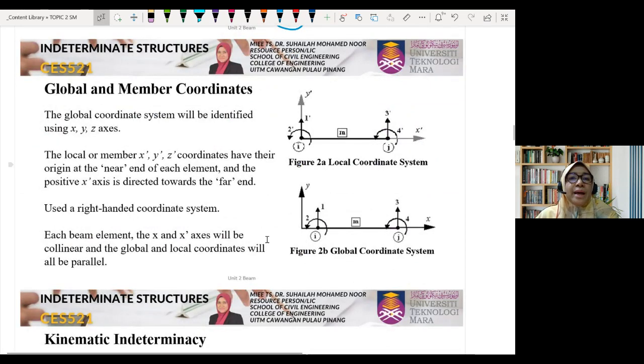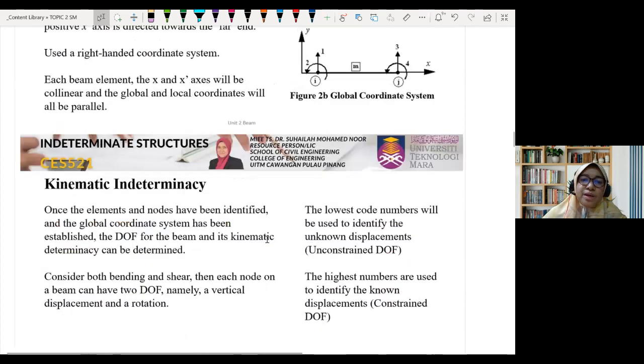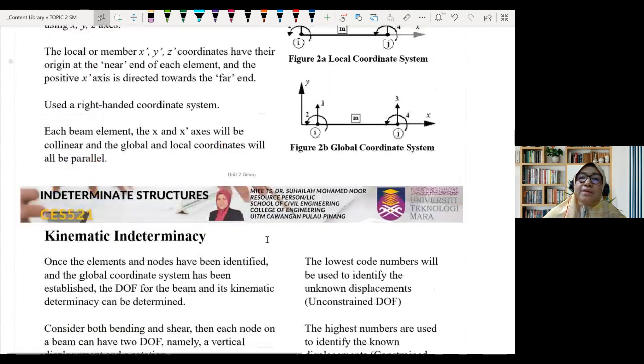So for the global and member coordinates, since a beam has the same local coordinate system and global coordinate system, we have the same formula. But remember that for the global system, we use the symbol without prime.